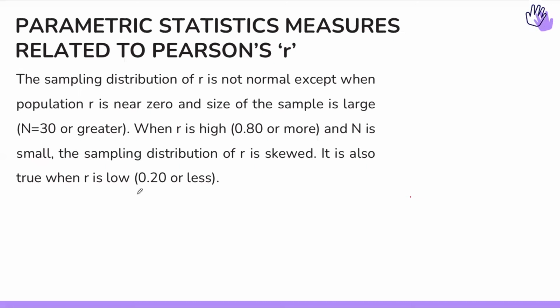The sampling distribution of the Z coefficient is normal regardless of the size of the sample N and the size of the population r. Furthermore, the standard error of Z depends only upon the size of the sample N. The method of determining the standard error of the difference between Pearson's coefficients of correlation of two samples is first to convert the r's into Fisher's Z coefficients and then to determine the significance of the difference between the two Z's.